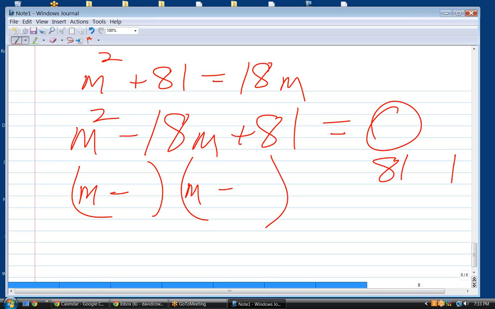However, when the digits add up to 9, it's also divisible by 9, always, no matter what. So it would have to be 9 and 9. And there are a lot of other factors, like 3 and 27. But remember, we're looking for factors that add up to 18.